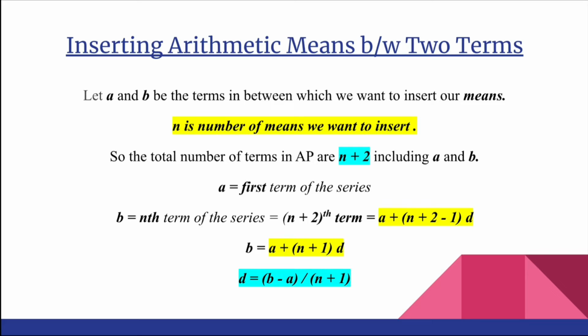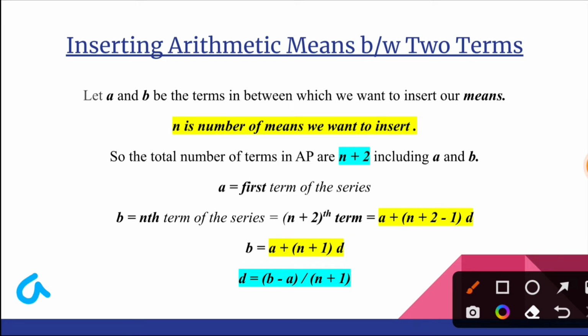And a is the first term. Suppose small a is a term, and these are all the big A's, these 10 terms or however many terms you want to insert, and this is small b, right?